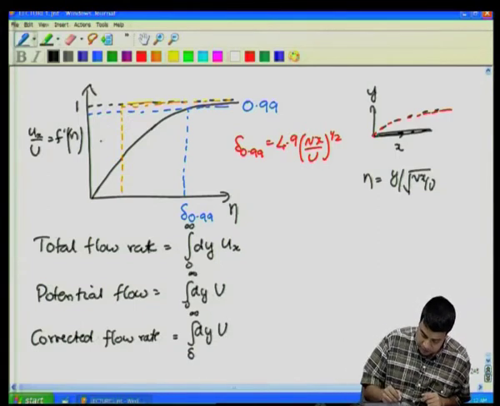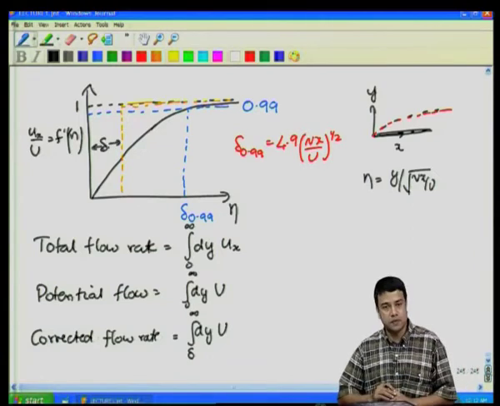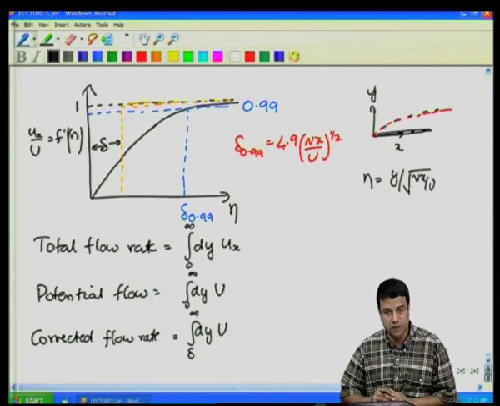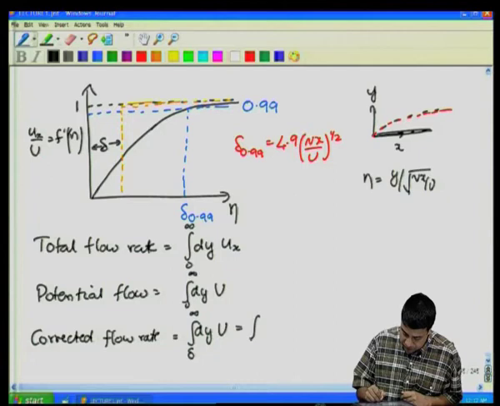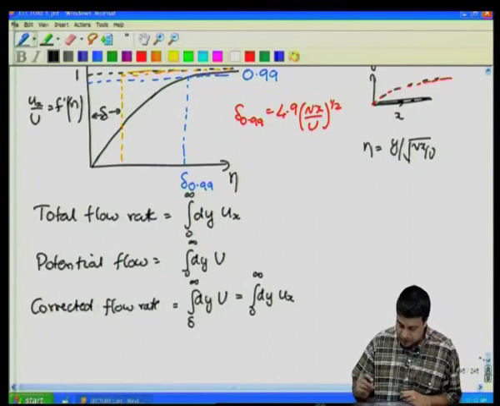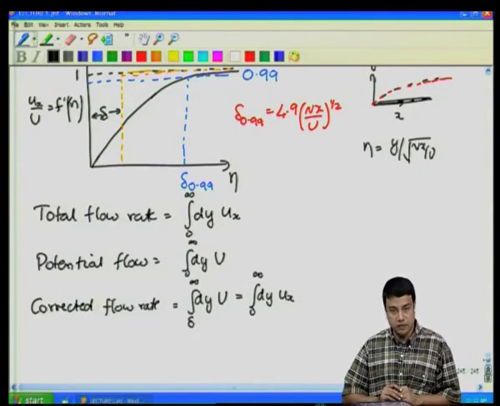So, this is the displacement thickness delta star, by which I need to displace the boundary layer in order to get the same flow rate. So, this has to be equal to the actual flow rate, integral 0 to infinity dy u x. This will give me the definition of delta star.